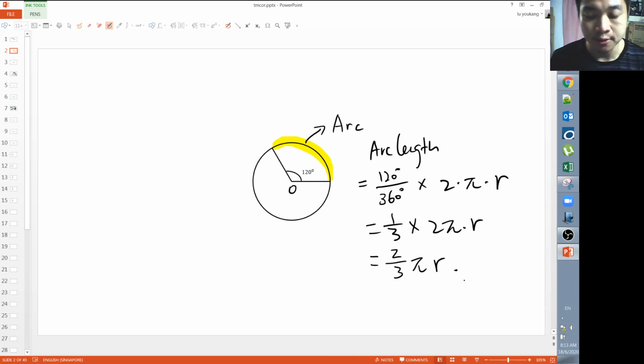Of course, sometimes your angle might not be given in 120 degrees. Your angle can actually be given in radian mode.